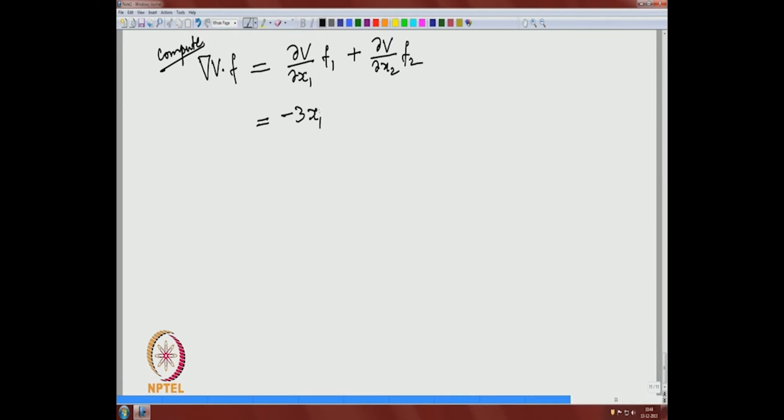So, after some algebra, this is minus 3 x1 to the 4 plus 2 x1 square x2 minus 2 x2 square, and this you can write as minus [2 x1 to the 4 plus (x1 square minus x2) square plus x2 square].